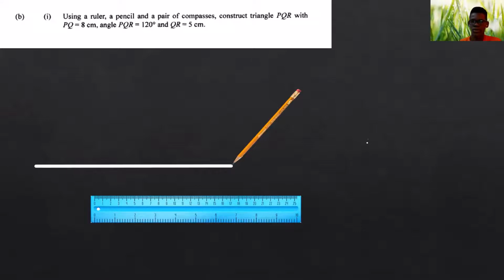The compass anchor is the one with the point, the metal point, and then you have your pencil. Good, right? This is the anchor. This is what I'm calling the anchor.